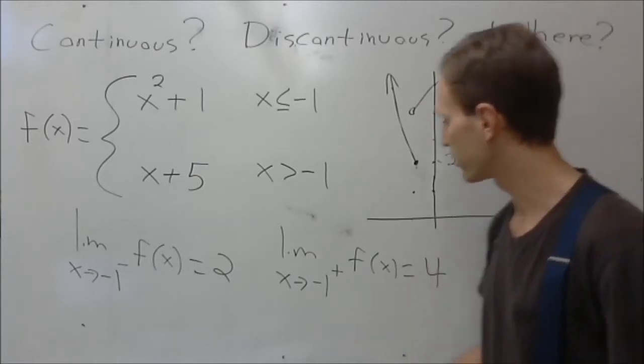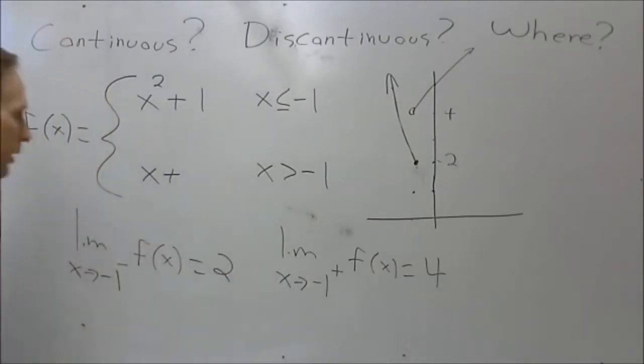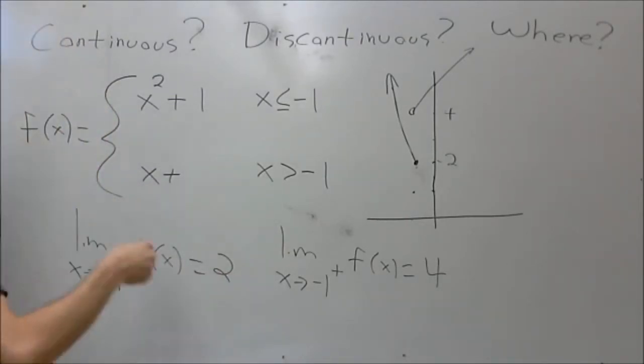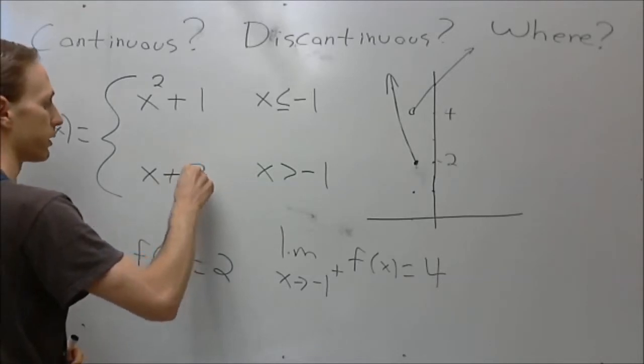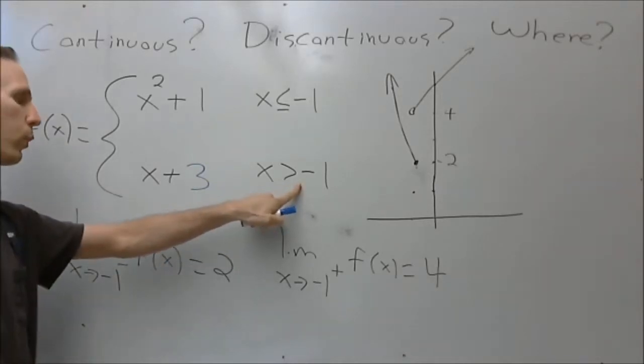But if I change this up, if I switch the function from x plus 5 to, say, x plus 3, then we'll be in business. So now, if we start all over again, and again, the only point of contention is whether it's continuous at x is -1 or not.